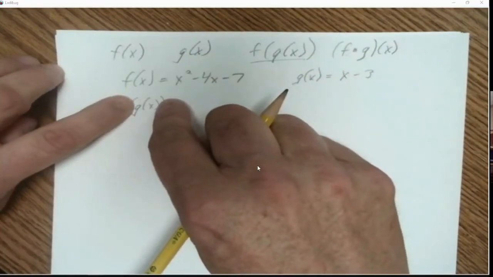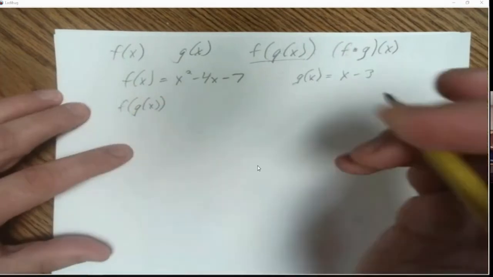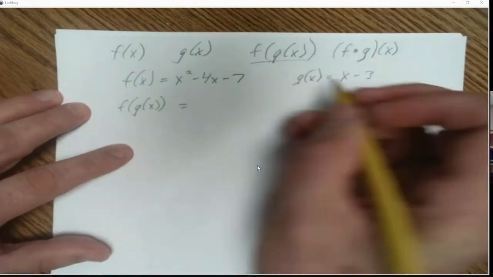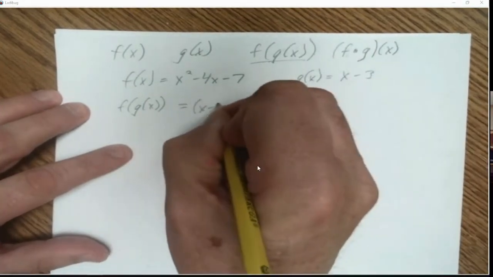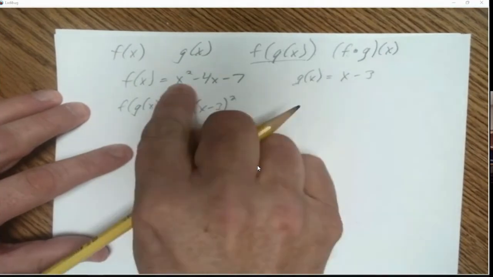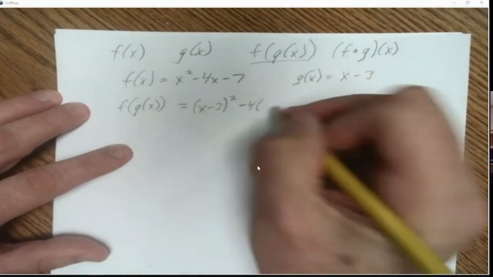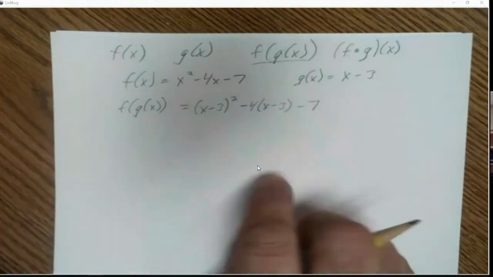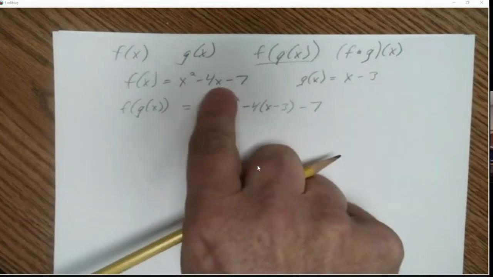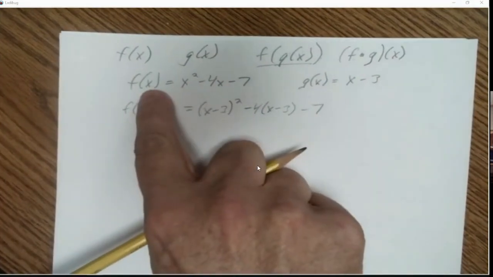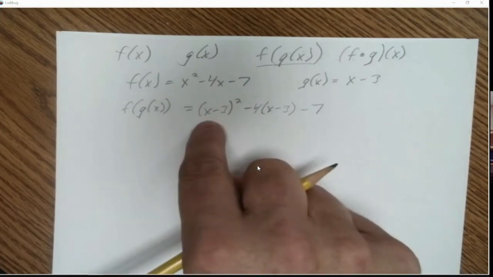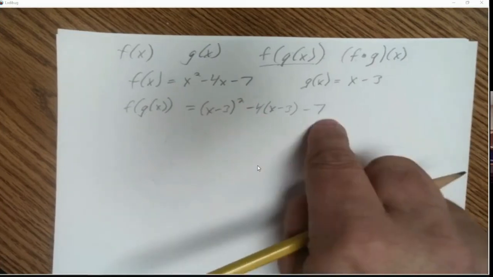So it's going to equal x minus 3 squared minus 4 times x minus 3 minus 7. We've simply taken everywhere there's an x in f of x and substituted g of x into that equation. All right, x minus 3 squared minus 4 times x minus 3, and then minus 7.